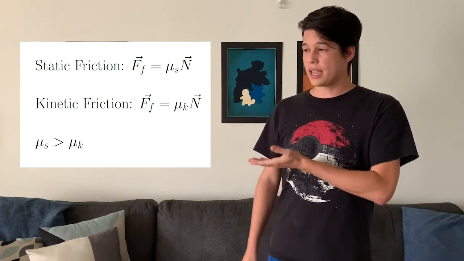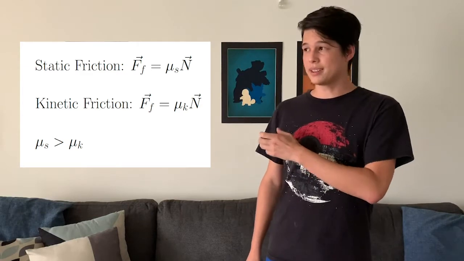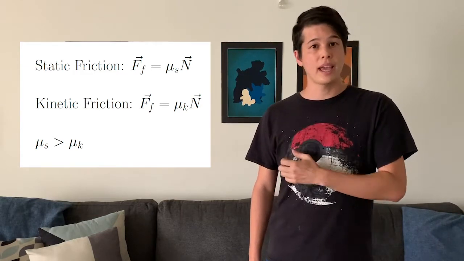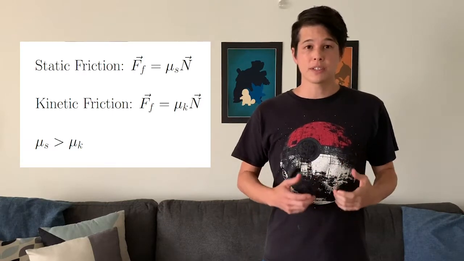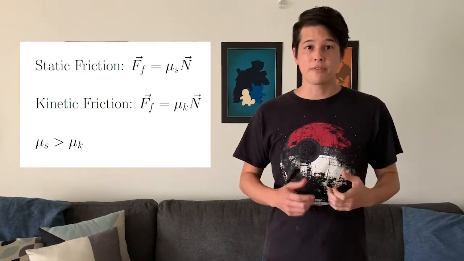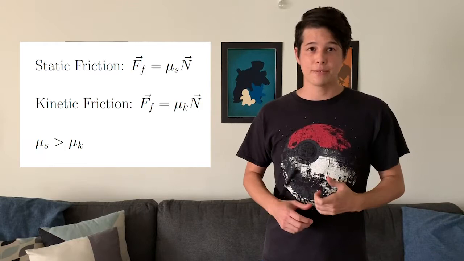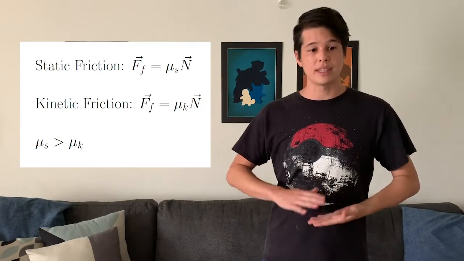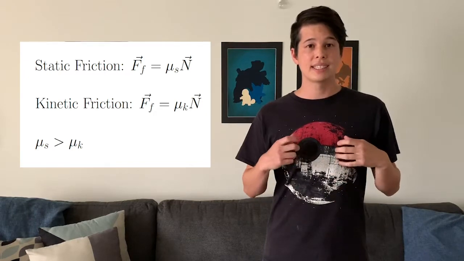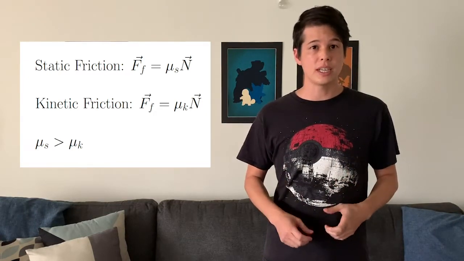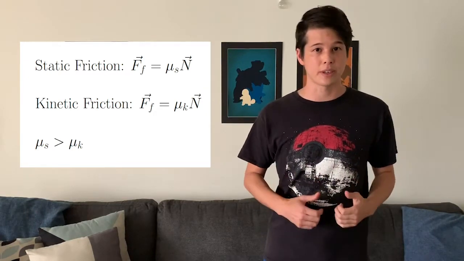If we notice looking at the equations, mu has a little subscript of s or k, standing for static or kinetic friction. The coefficients of friction are different for static and kinetic friction, even when they both are involving the same surface. One of the things that is always true is that the static coefficient of friction is always larger than the kinetic form of friction.